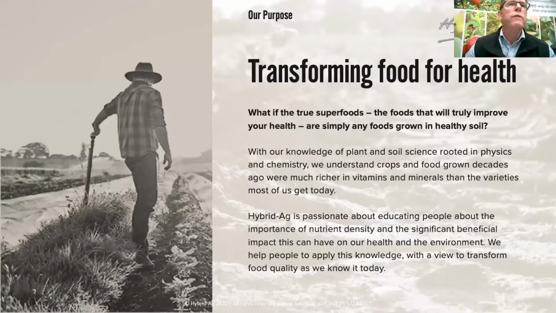All right, so we'll move on to a little bit about Hybrid Ag. We're on a bit of a journey to understand more about how we can transform food and have a positive impact on human health. That's our purpose, and we believe that's the starting point. We're on this journey to discover more about what makes food truly nutrient dense.